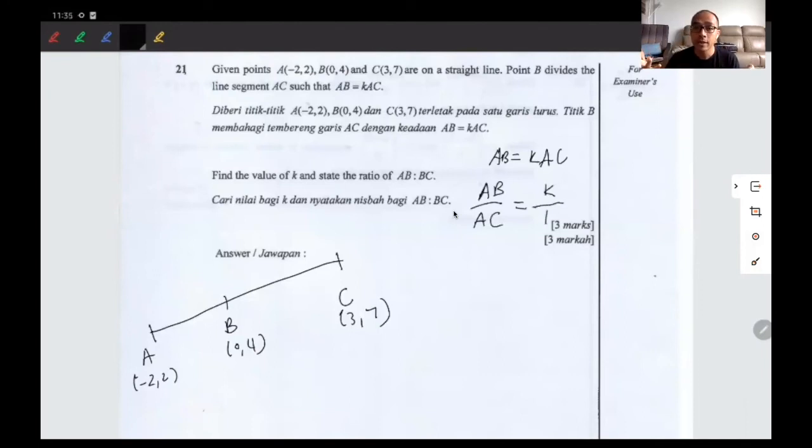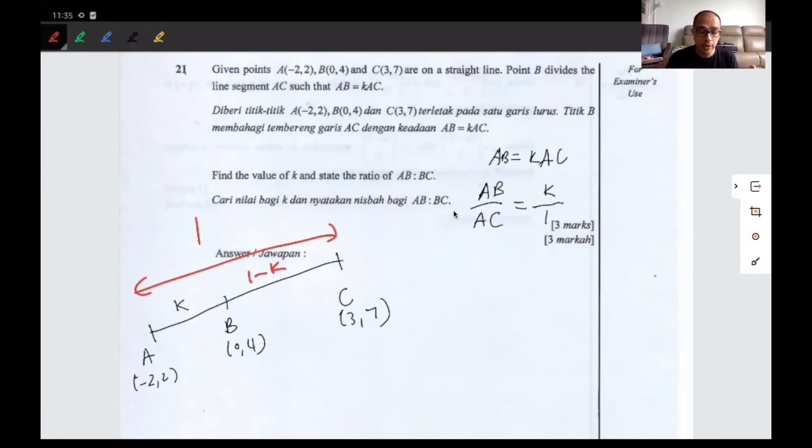Which means that I can say that AB is K, the ratio of A to B is K. If the whole thing from A to C is 1, I can say that BC is 1 minus K, the ratio. This will help me to find the value of K.